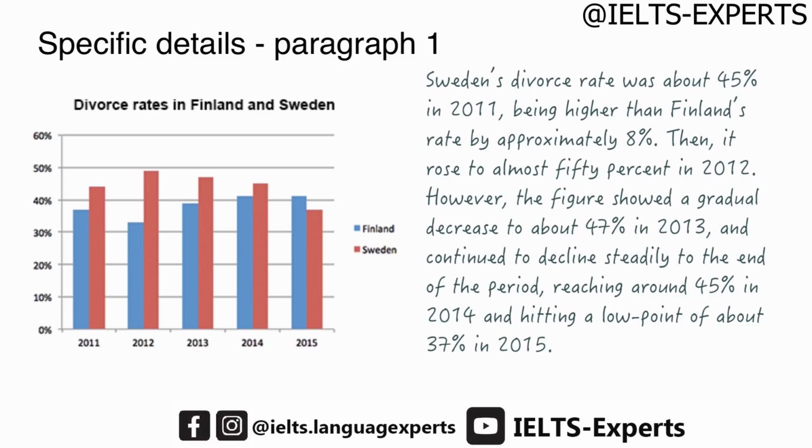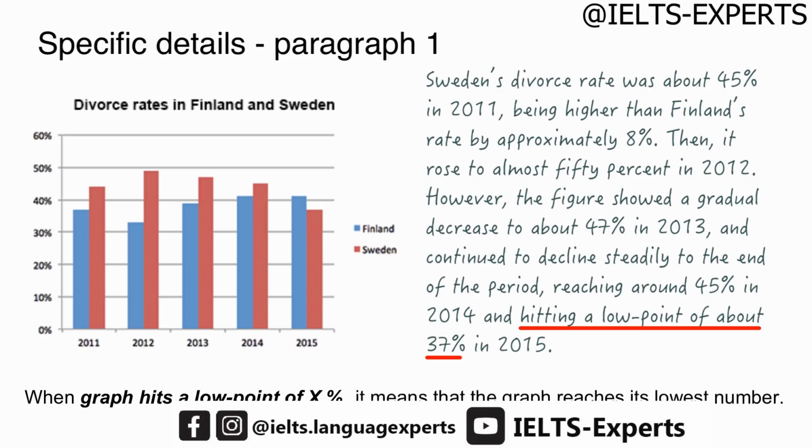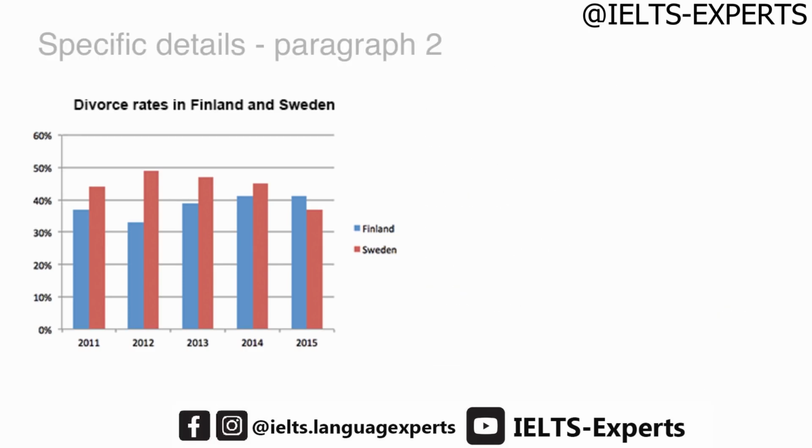And finally, pay attention to the expression that I used, hitting a low point of about 37%. When a graph hits a low point of X%, it means that the graph reaches its lowest number. And this phrase is a great way of indicating what was the graph's minimum and in what year. That's all with our first paragraph with specific features.